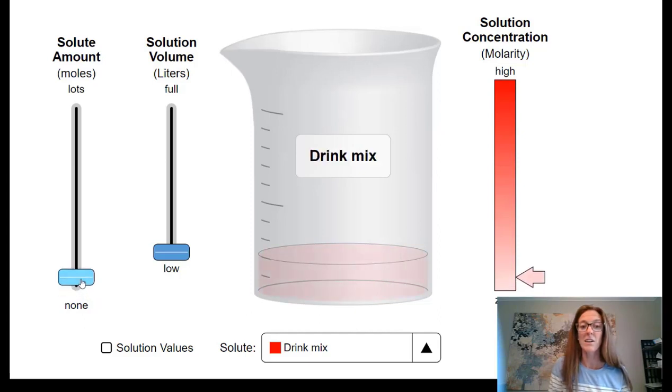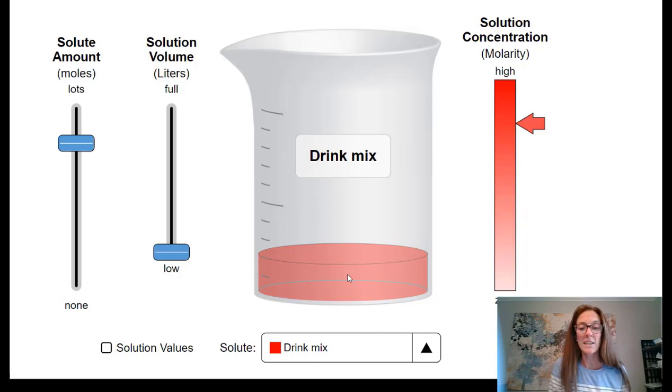So notice the relationship when I add solute to my solvent. When I add just a little bit, I have low solution concentration. So as you can see, as I add more solute, my concentration gets higher, and we can see that the color gets darker, but we would also know by the taste, right?